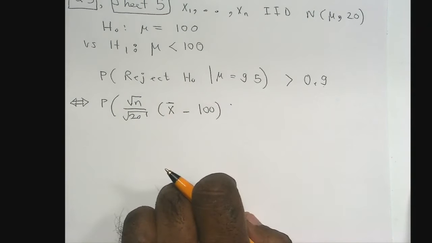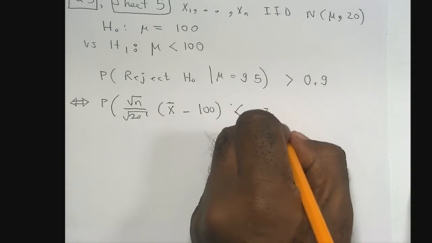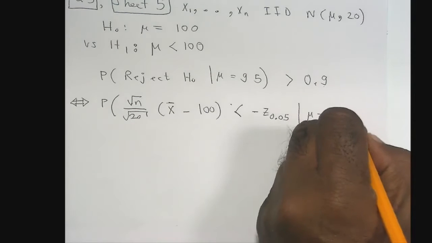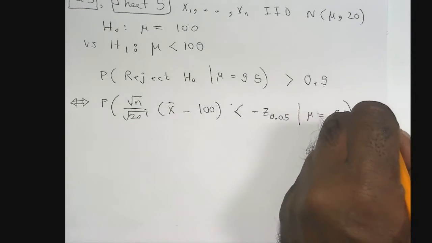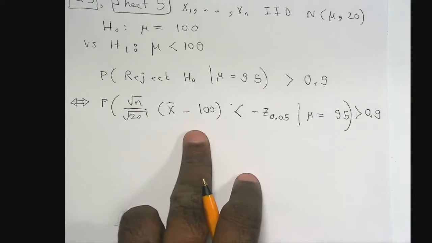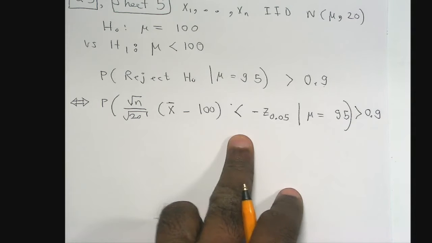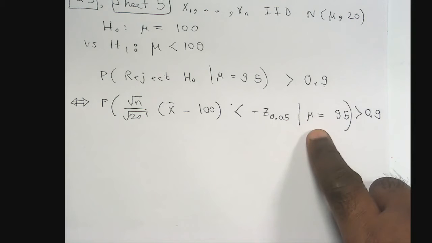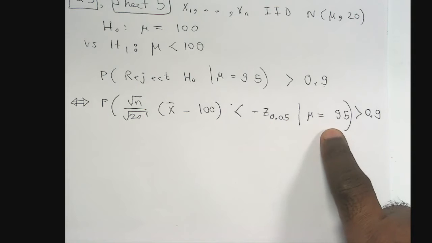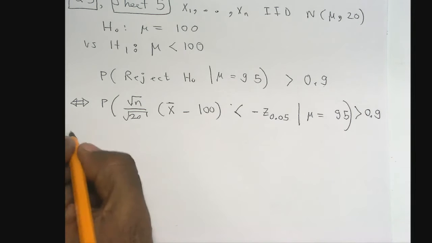Now this is what we did right now, guys. You should remember the less than minus z alpha is 0.05. Do you follow where we got this from? This is just the rejection rule from the lecture notes, right? Now, you must be careful here, because the true population mean, mu, is equal to 95, not 100, right? So what I'm going to do is the following.